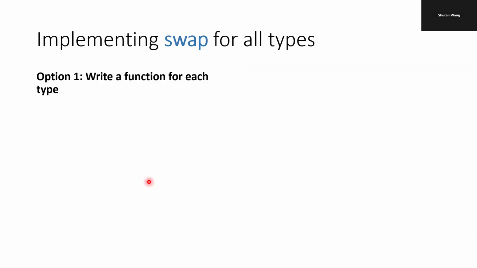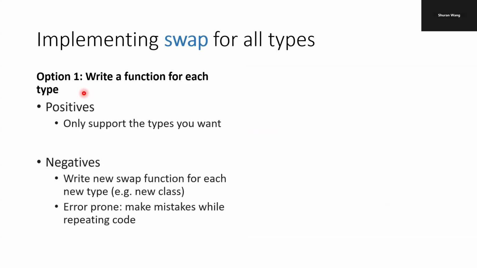So what if we want to implement the swap function for all data types? Option one is obviously to write a function for each type that you're using. The positive is that it only supports the types that you want. No one will be calling this function for a type that you don't want to support, or it will be an error.